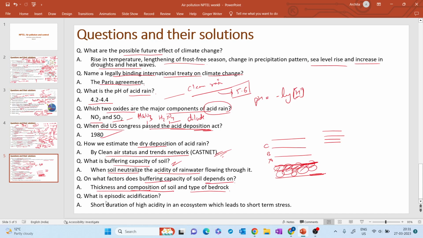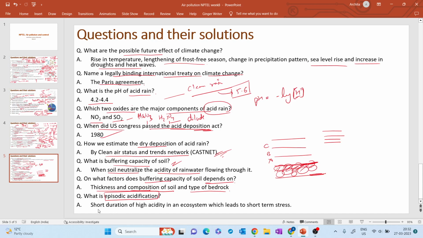And the last is episodic acidification, which is when, for a short duration, let's say in a forest, the rainfall is for 1 hour or 30 minutes, and it's very highly acidic rain.